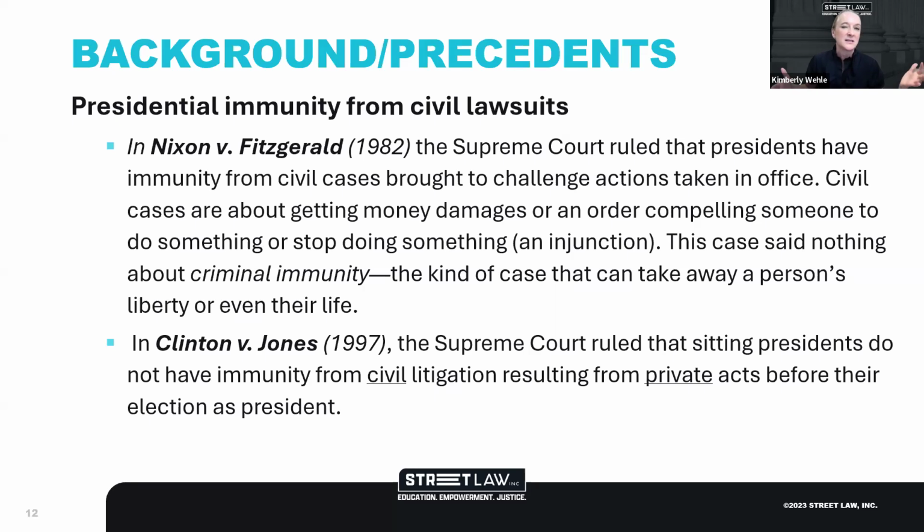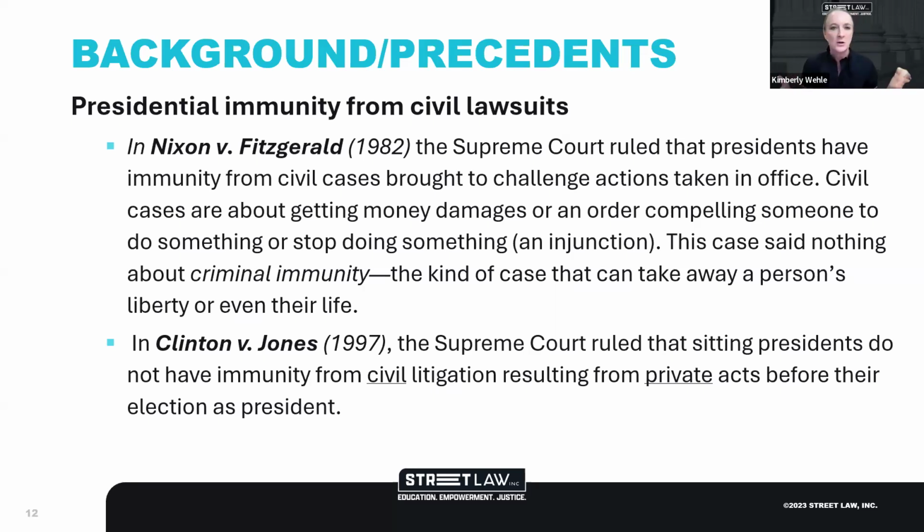The court said no and allowed the Paula Jones lawsuit to go forward. In my view there's a bit of an inconsistency, because Clinton versus Jones took him off task and ultimately produced his impeachment, because he lied in a deposition relating to that civil case. But the court did draw a distinction between pre-presidential private acts, for which you can be sued even if you're a sitting president, and official acts, for which you can't be sued.